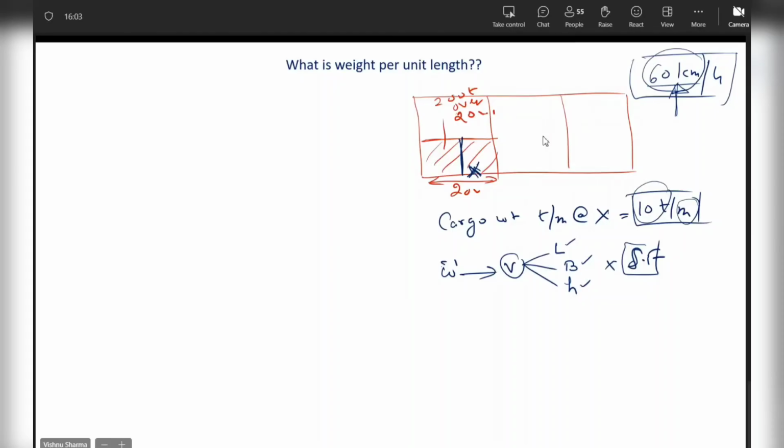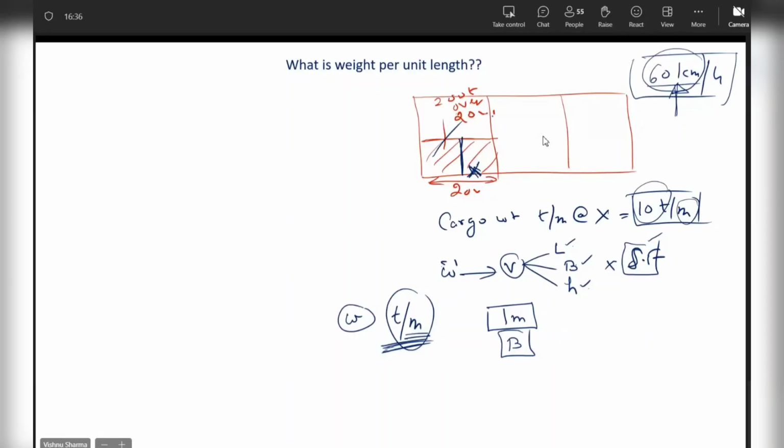Now, once the cargo is known, stowage factor gets fixed depending on the cargo. When I'm asking what is the weight of the cargo in tons per meter, then out of L, B, H, which is frozen, guys? You're asking per meter. That means you're talking of weight over 1 meter. Correct. What is the breadth? Breadth is the breadth of the compartment. So that also does not change.